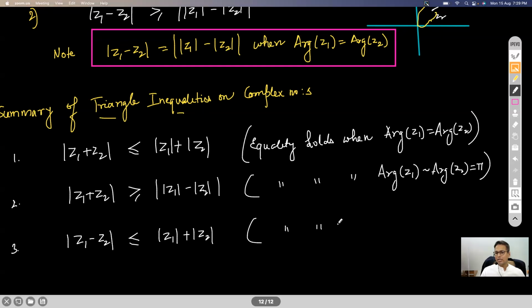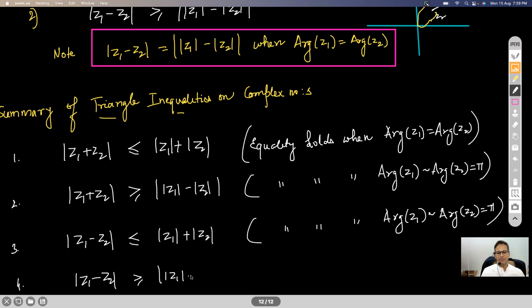Again, equality holds when the difference of their arguments is pi. And lastly, mod Z1 minus Z2, which I just now took, is greater than or equal to the difference of the moduli of these, and again equality holds when their arguments are equal. Right? Guys, don't mug this up. Have this picture in your mind. You'll always be able to address it.